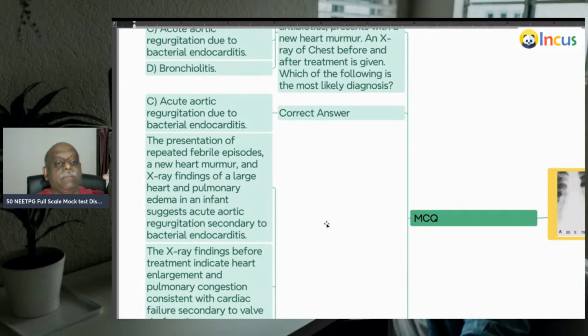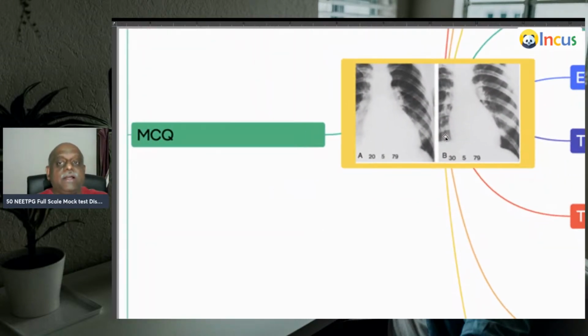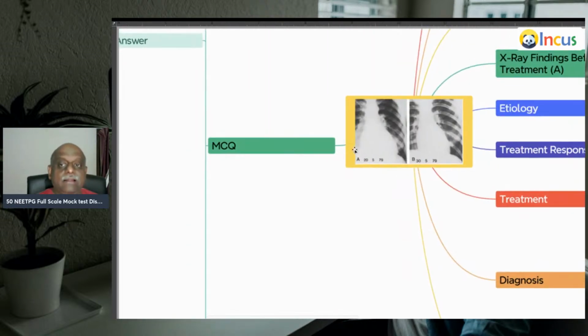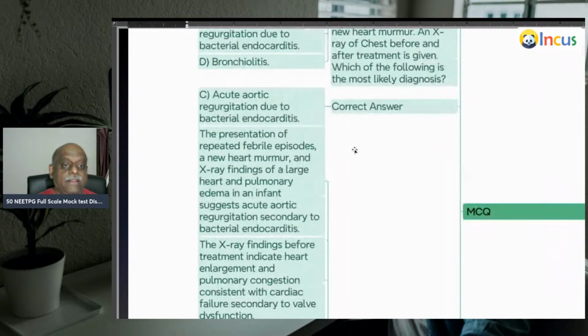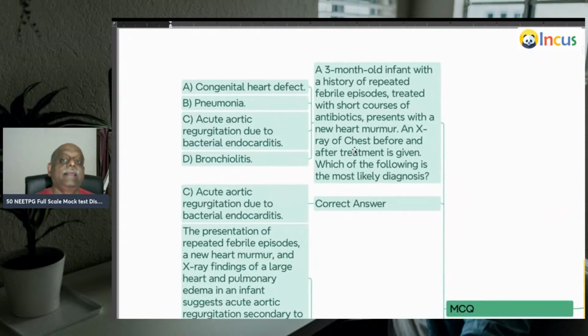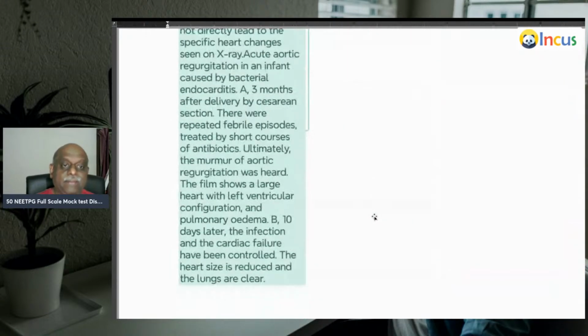New heart murmur, the presence of an enlarged heart, pulmonary edema, they all suggest acute aortic regurgitation because of bacterial endocarditis, is what you need to remember.